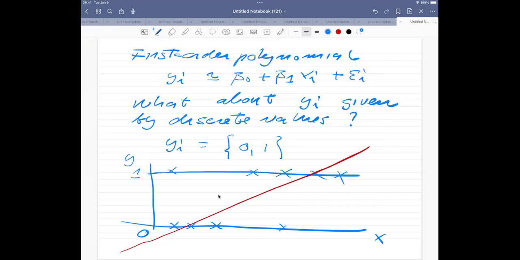So the radical change we make now is to replace this function f of x with a probability. And that probability gives values between 0 and 1. And then we can say that when the probability is less than 0.5, we set the value of y to 0. So we can plug in a threshold function.